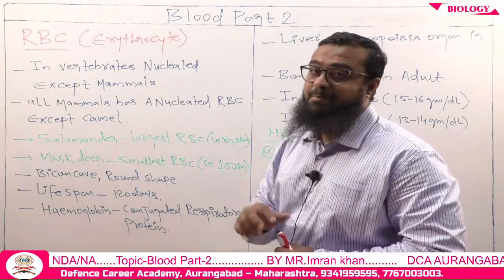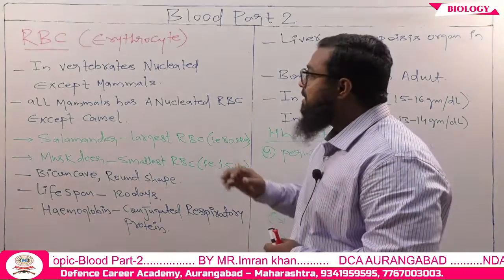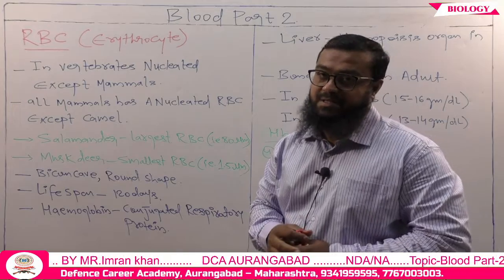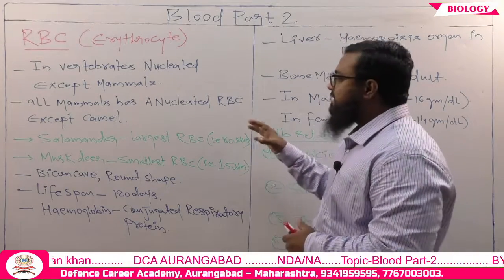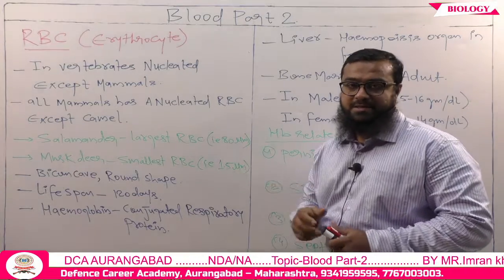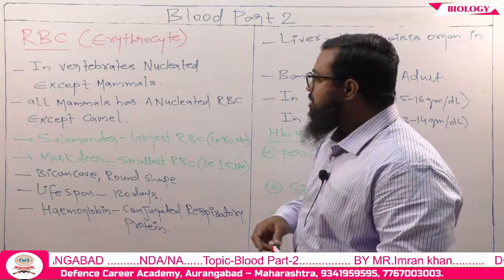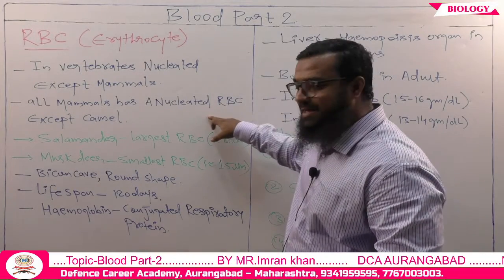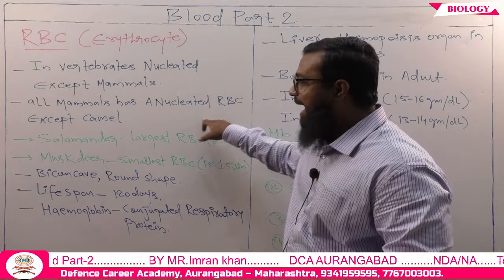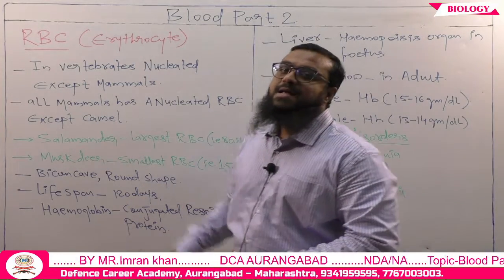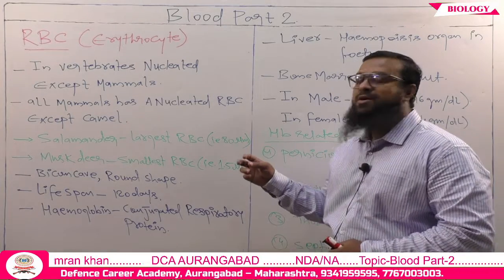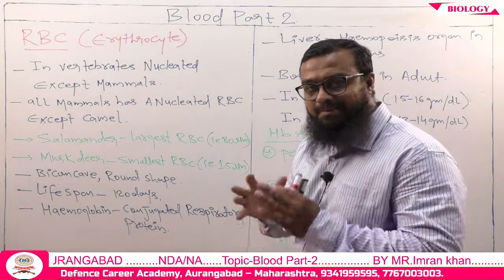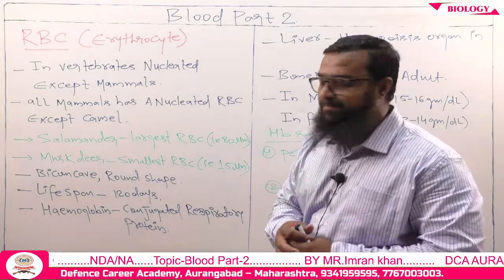But except mammals, the mammals have anucleated RBCs, meaning they do not have a nucleus. All mammals have anucleated RBCs except the camel. The camel RBCs have a nucleus, meaning the genetic material is packed in the nuclear organization.